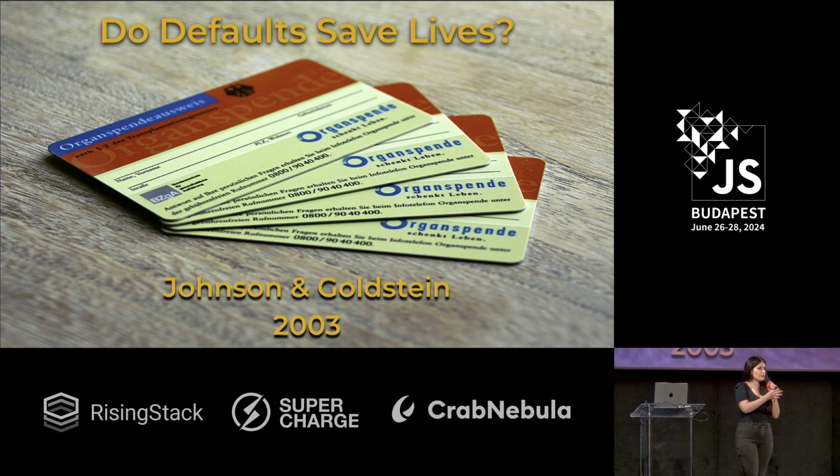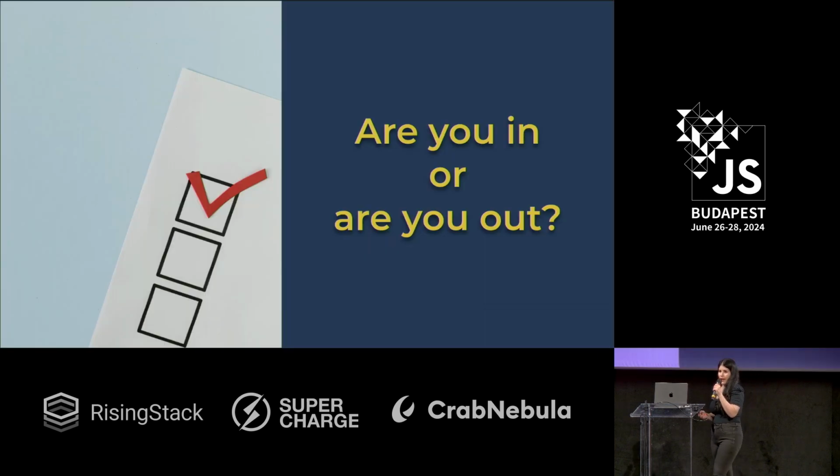They found that in certain countries, like Hungary, the percentage of people that want to become an organ donor is higher than 99%, which is really great. It really saves lives. While in other countries, they might claim they want to become an organ donor, but eventually they don't sign up. And why is that?